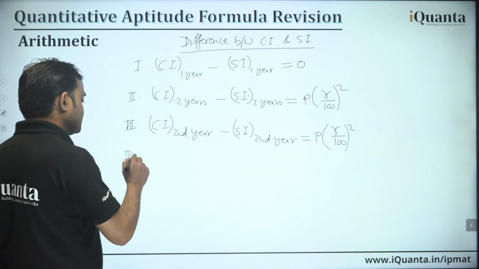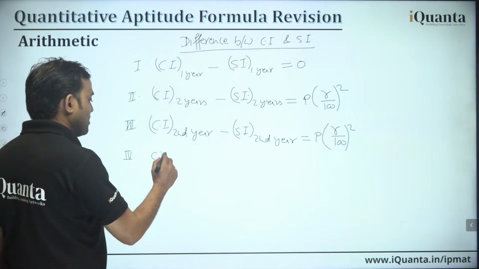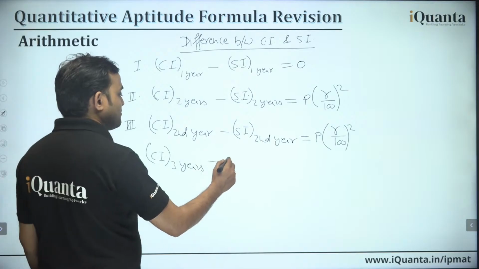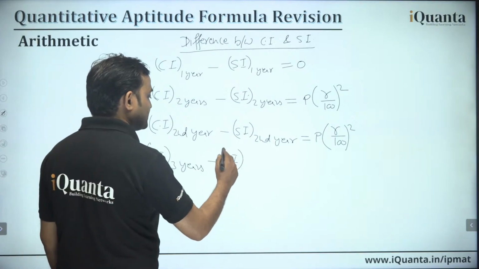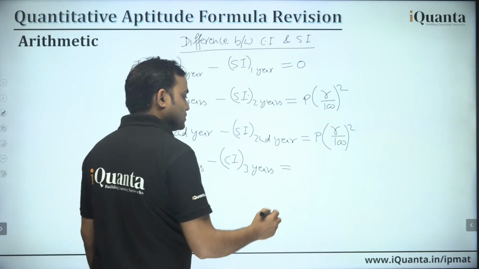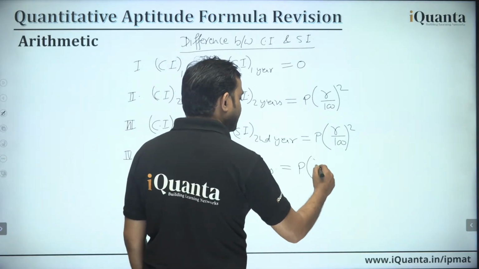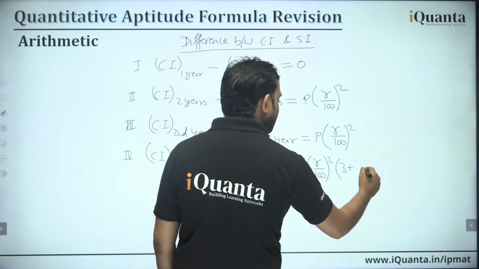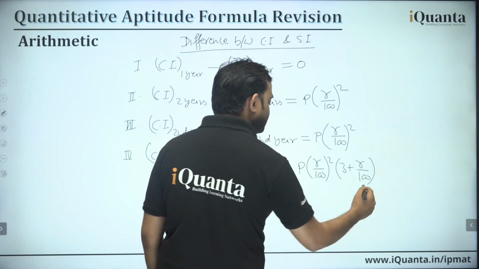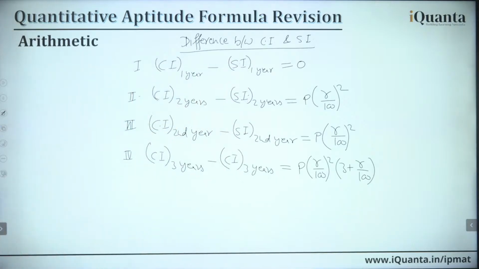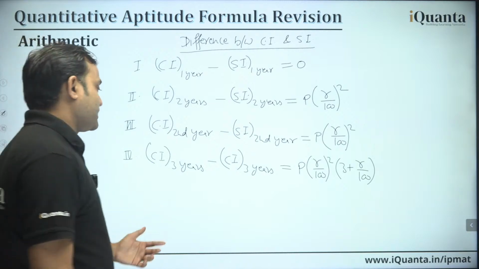Then comes total compound interest after 3 years minus total simple interest after 3 years. This is equal to P into (R by 100) whole square into (3 plus R by 100). This is the total difference between compound interest and simple interest after 3 years.